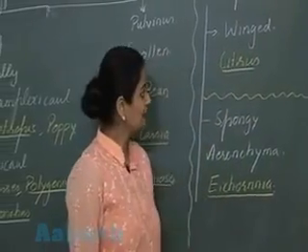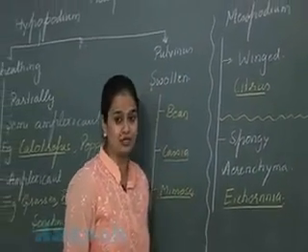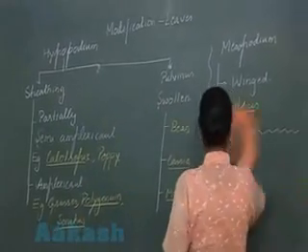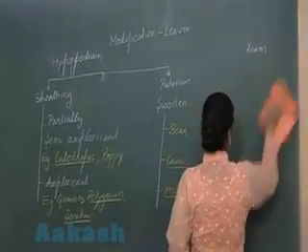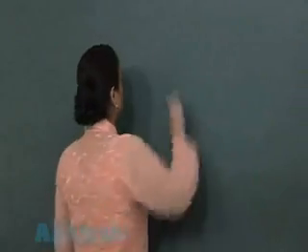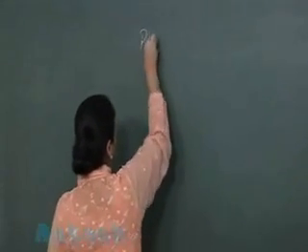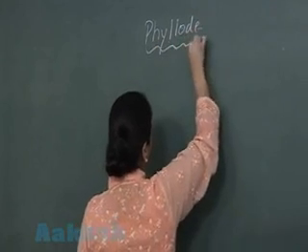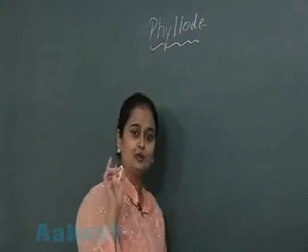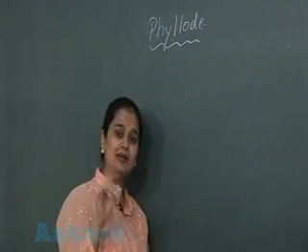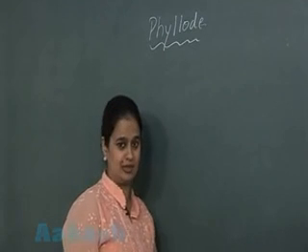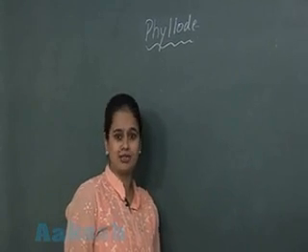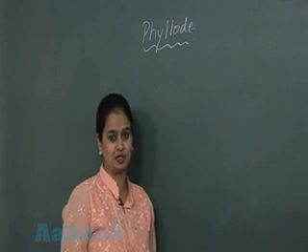Right? Now another modification of the petiole we will discuss here, that is phyllode. Now you tell me, which part of the plant is where water loss occurs through a process known as transpiration?